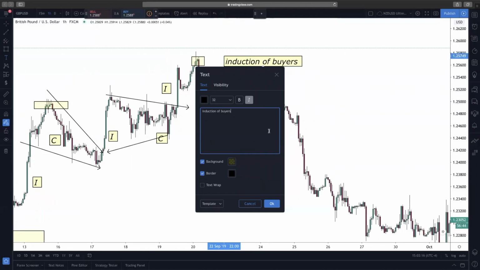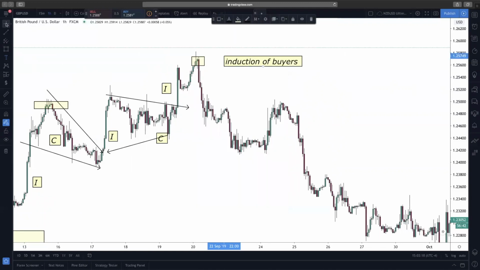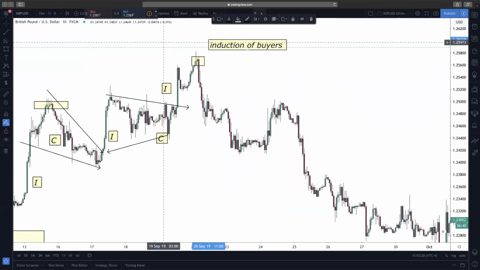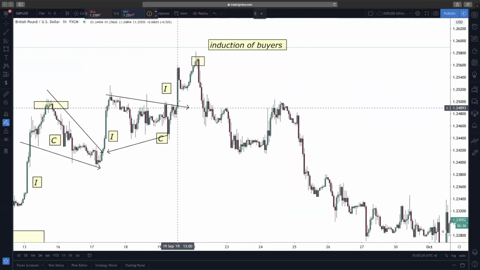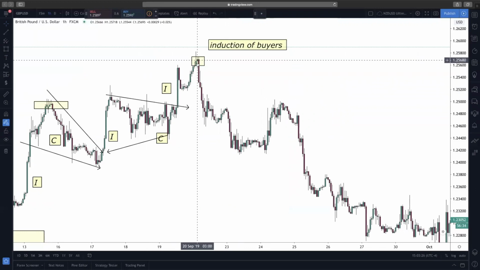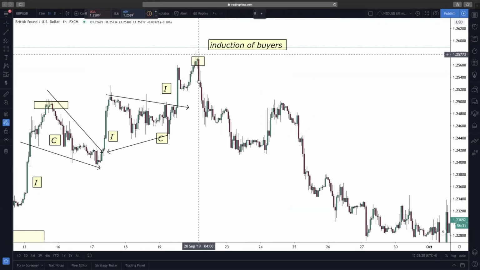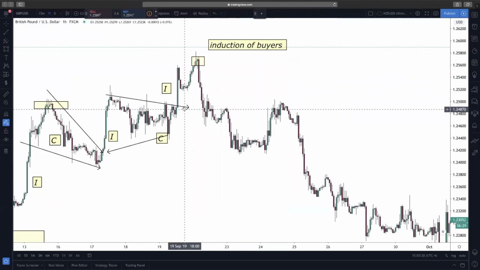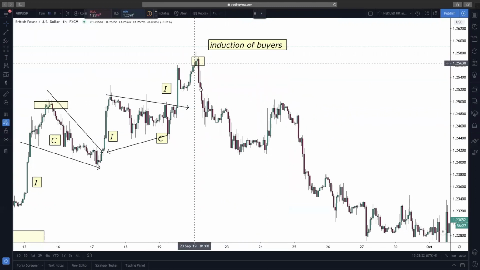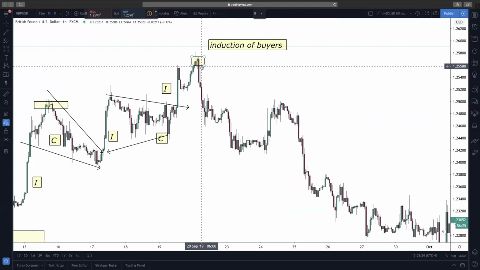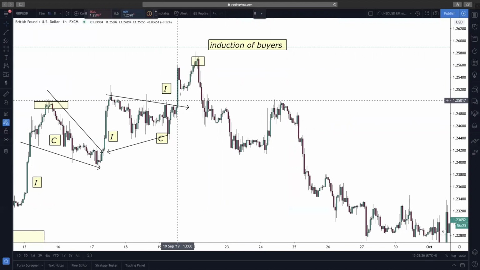And if it were the opposite, it would be the induction of sellers. So what happened here essentially was the market wanted to gather as many buy orders of retail traders as possible before reversing the market, hitting their stop loss, taking that cash away from the majority, okay?